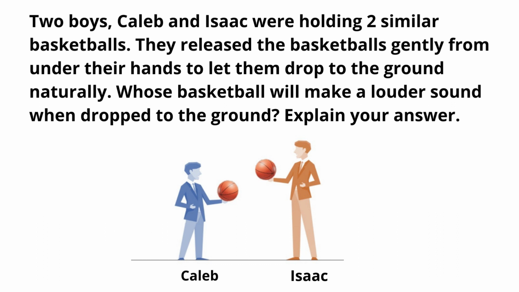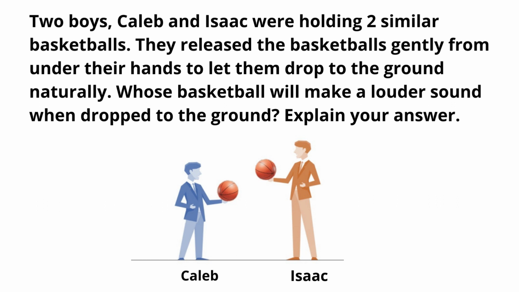And the way that they released is similar, because they just let the balls drop to the ground naturally. So the only thing that I can see from this diagram is that Isaac seems taller than Caleb.